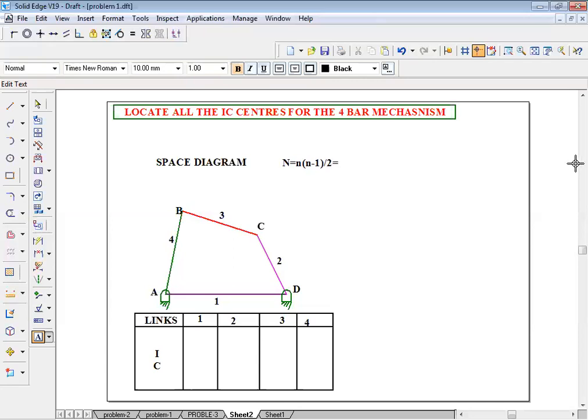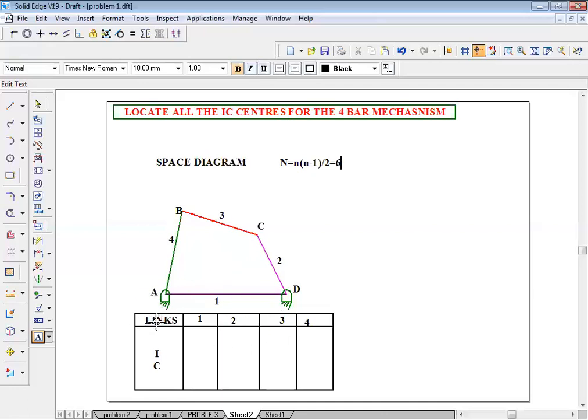Here small n is nothing but the number of links, which is 4. If you substitute this, 4 into 4 minus 1, divided by 2. 4 minus 1 is 3, 3 fours are 12, 12 by 2 is 6. Therefore, there are totally 6 instantaneous centers for this given mechanism.